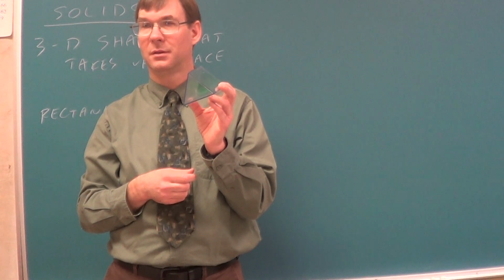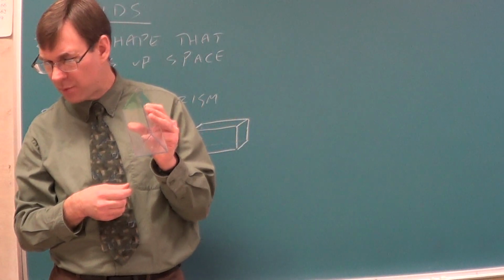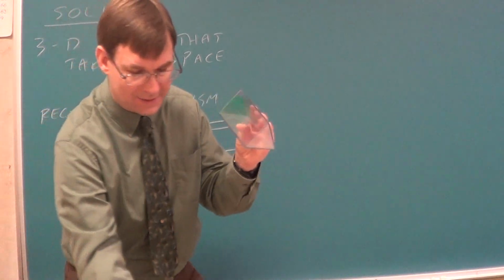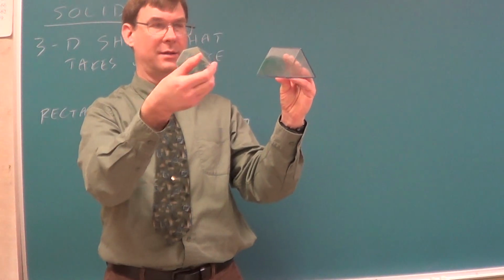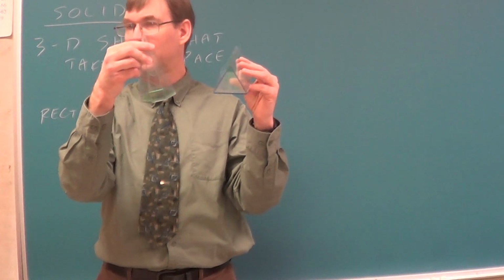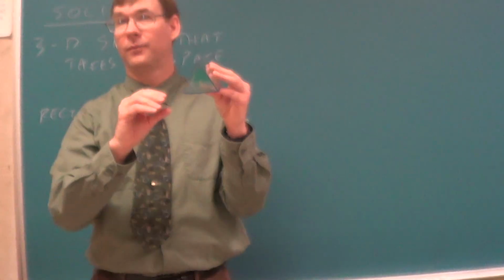It has rectangles. It can have rectangles. I would say the prisms probably all do have rectangles, but what makes this different than, say, this? Not the cone. Not exactly. Never mind. It has 2 triangles.